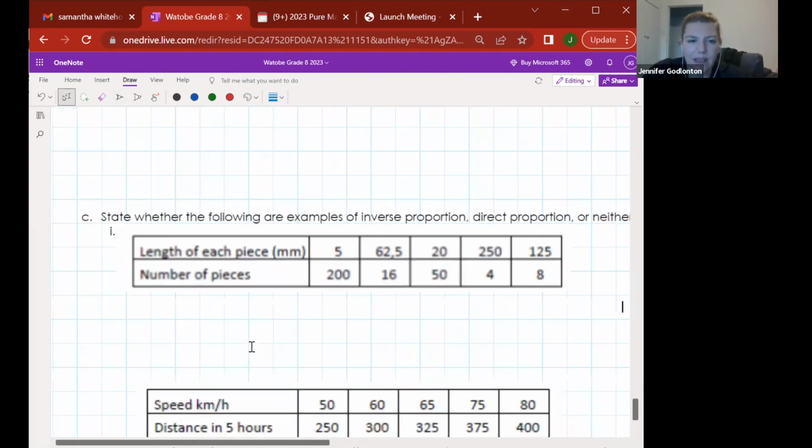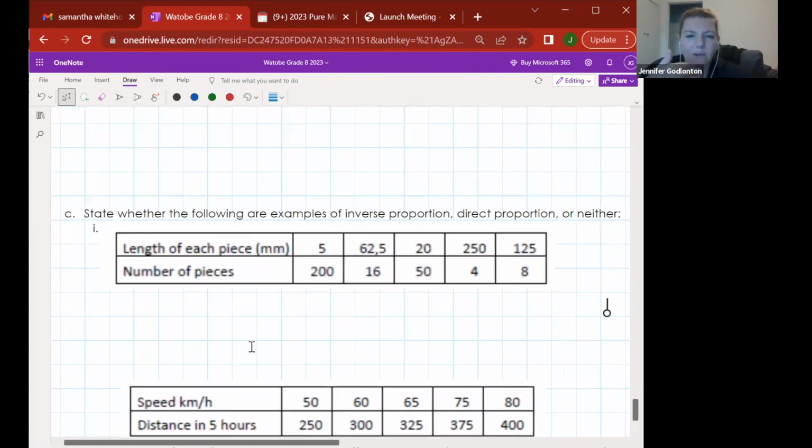I want you to tell me whether it's inverse proportion, direct, or neither, so if it's not any of them. Have a look at these tables and see if you can figure it out a little bit.